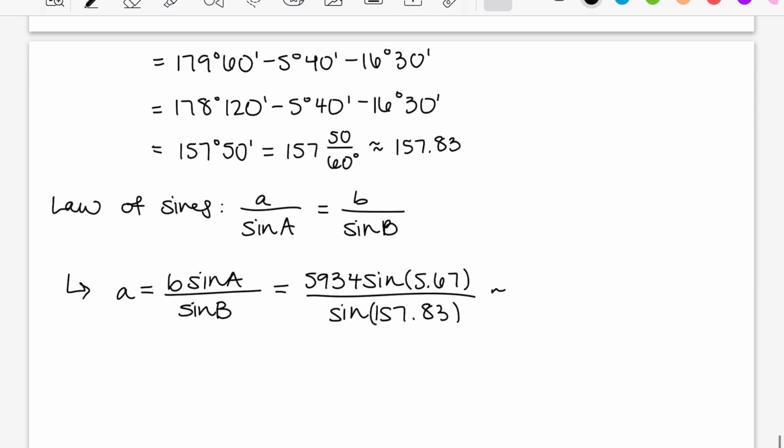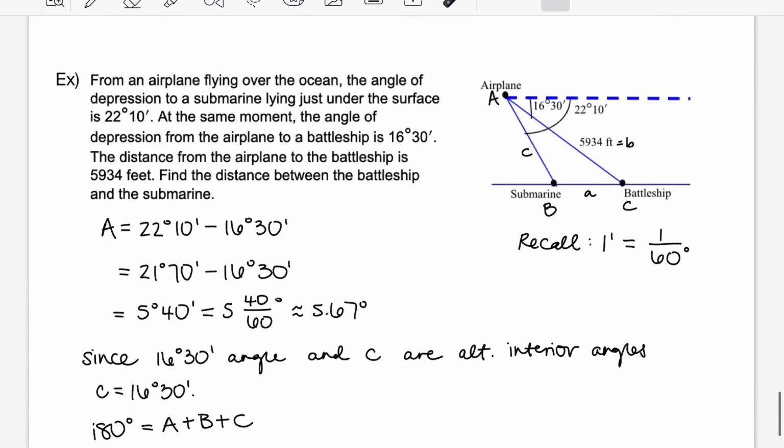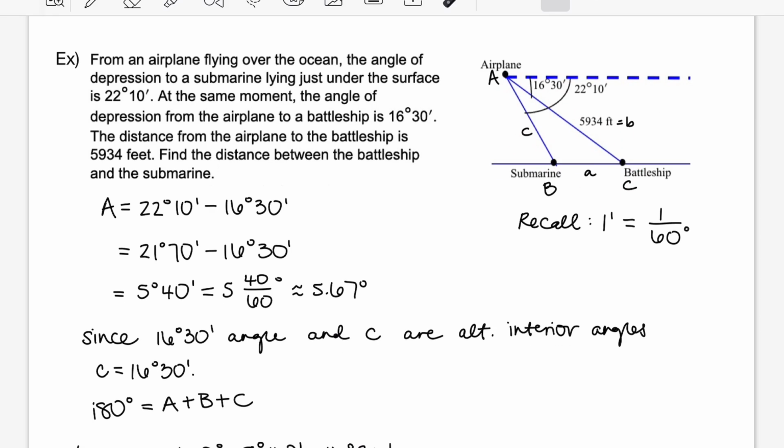Now plugging this into our calculator, this will be approximately equal to this here. And if we want to round to a whole number, it'll be this here. So that'll be the distance between our submarine and our battleship given by the side length A of this triangle. All right, so that'll be it for this video.